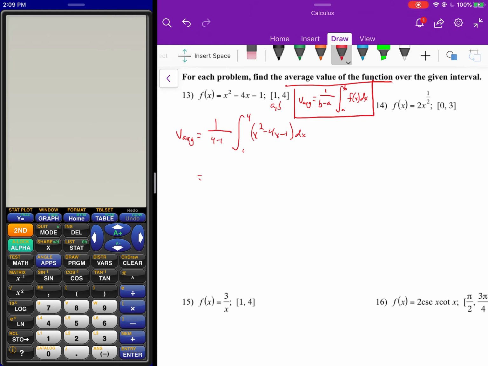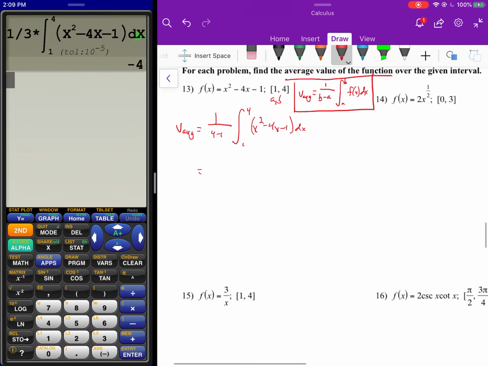We'll do 1/3, so 1 divided by 3 times the integral from 1 to 4 of our function, which is x squared minus 4x minus 1 dx. So the average value is -4. It's as easy as that.